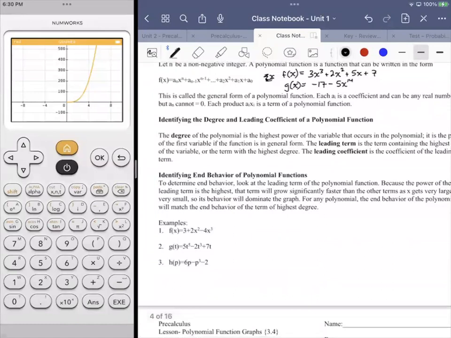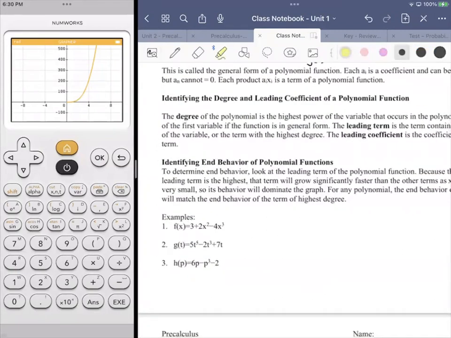Coefficients. Well, we're going to be mostly interested with the degree and the leading coefficient of a polynomial function. The degree is the highest power in the polynomial. All right, so whatever the highest power is, that's your degree. All right, so this is degree 3.